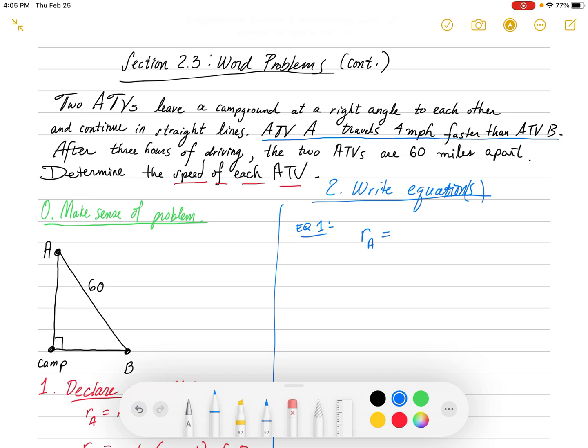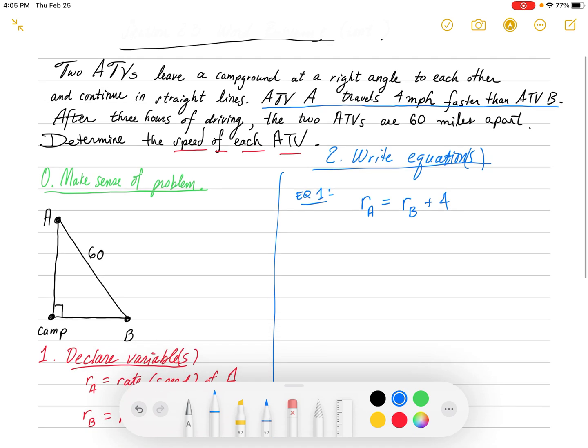The speed of A, that's the rate of A, is 4 more than the speed of B. So you have to add 4 to B's speed to get A's speed, right? ATV A is 4 faster than ATV B. So the speed of A is the speed of B plus 4. That's the first big equation.